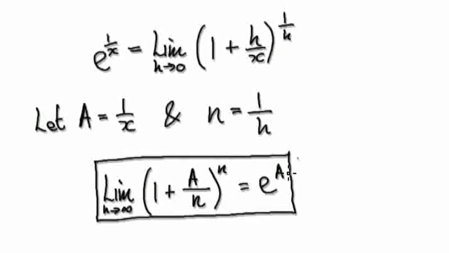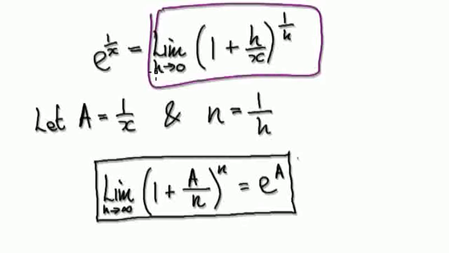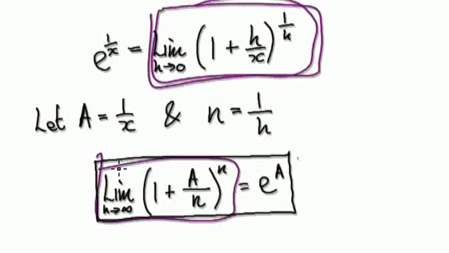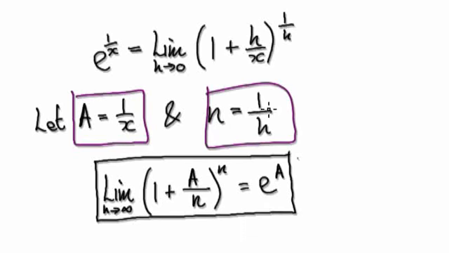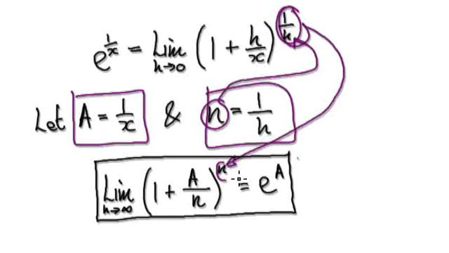Now if you look at this, it is very similar to this. The difference is that here you've got 1 over h, here you've got n. Here you've got as h tends to 0, here you've got n tends to infinity. So the two are very similar, but here's the thing. Make this substitution. Let a be 1 over x, let n be 1 over h. So this thing here will then be your n.